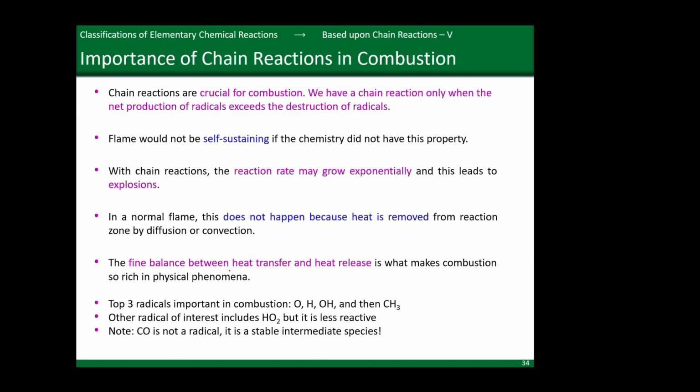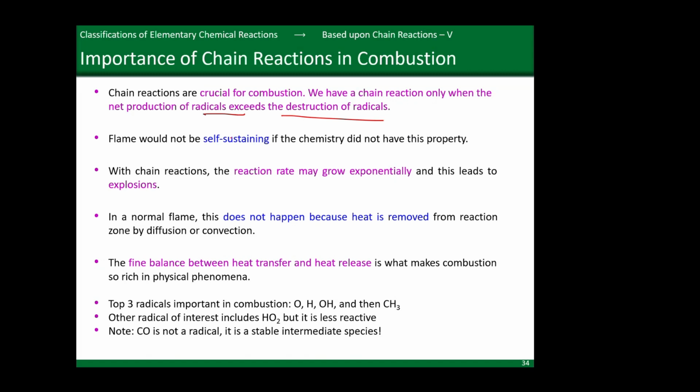All right. Now, why are chain reactions important in combustion? Well, chain reactions are extremely crucial for combustion because combustion is defined by ignition, which is a very rapid increase in temperature, right? All combustion reactions are composed of chain reactions, and for a chain reaction to happen, we need to have net production of radicals, which is more than the destruction of radicals for the overall reaction.